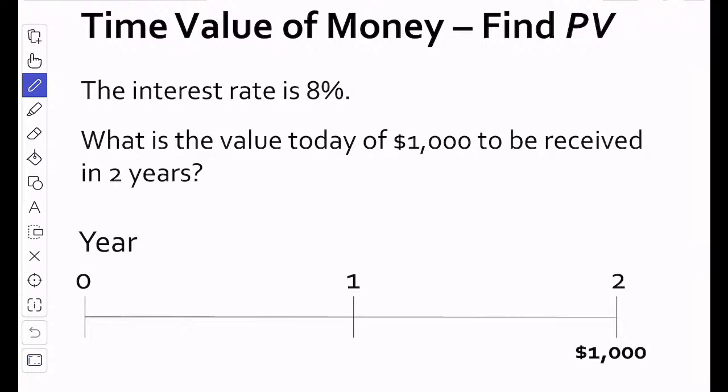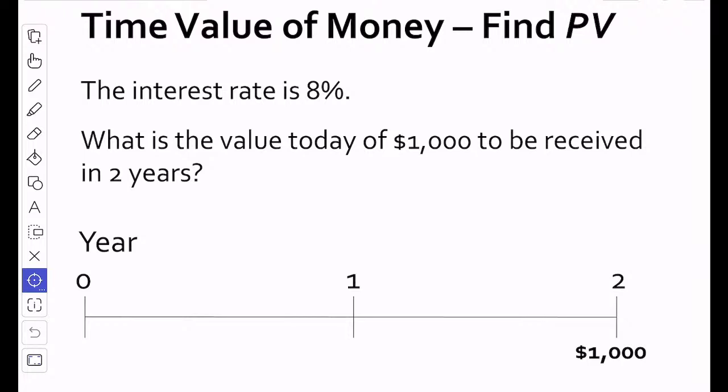What about the value of $1,000 to be received in 2 years when the interest rate is 8%? The interest rate again is 8%, and we're using it because that is the comparable value of foregoing consumption.